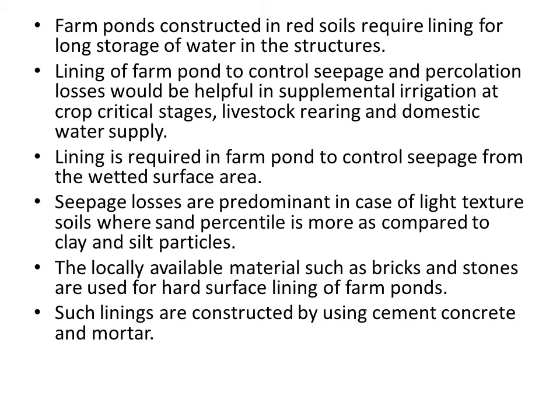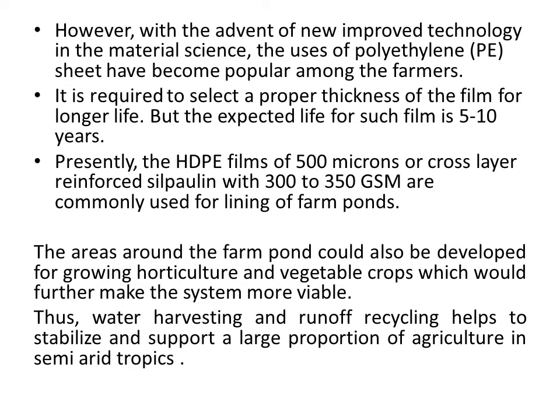Locally available materials such as bricks and stones are used for hard surface lining of farm ponds, or the linings may also be constructed using cement, concrete and mortar. However, with the advent of new improved technology in material science, the use of polyethylene sheets has become popular among the farmers.